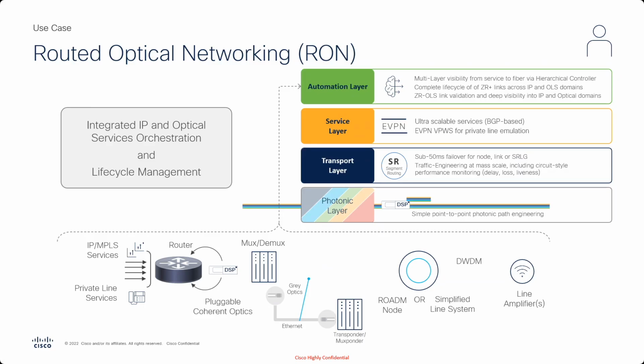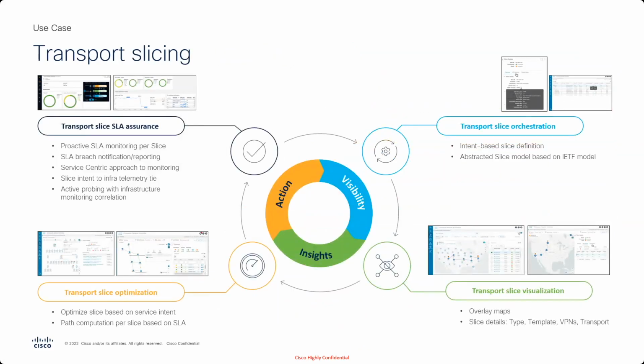Routed optical networking is the first example. The second example is transport slicing. Again, at the beginning of this conference yesterday, Ben covered one of the most interesting points about our network: that we are now integrating different services on the same network.